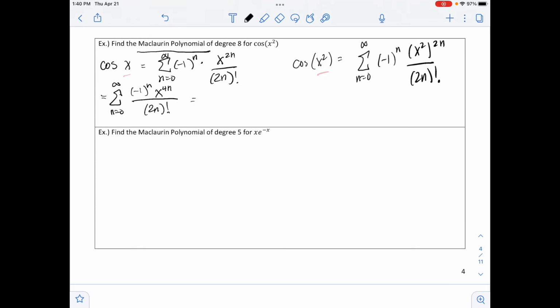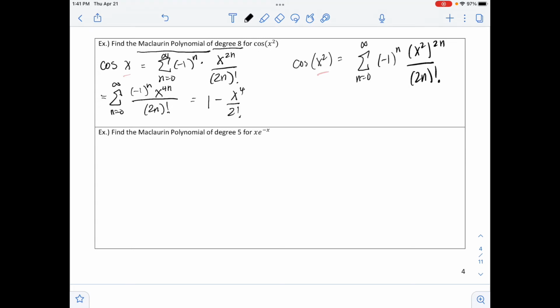And so expanding this out and looking for degree 8, the first term, substituting in 0, is going to work out to being just 1. The next term, when n is 1, is going to be a negative, and we have x to the 4th over 2 factorial, or just 2. This is degree 4, and we're looking for degree 8.